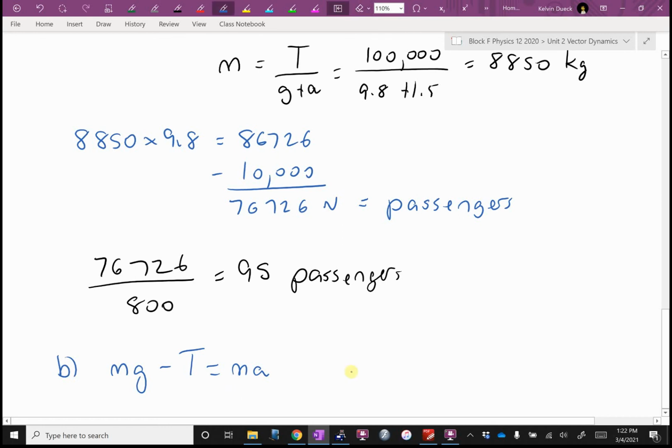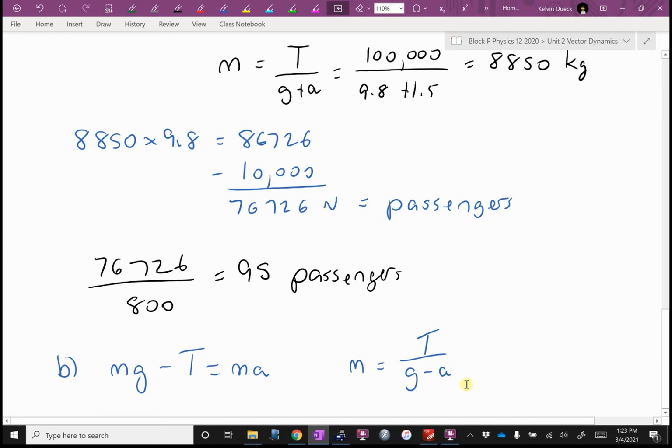I think you'll find that m equals, sorry, sneeze for those of you on YouTube at home, m equals T over g minus a. And then, just like we did right here, multiply by 9.8 to turn it into newtons, subtract the elevator, divide by 800, and that'll tell you how many passengers you can handle going down.